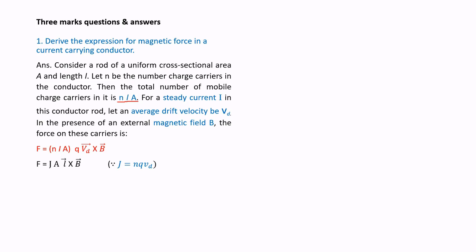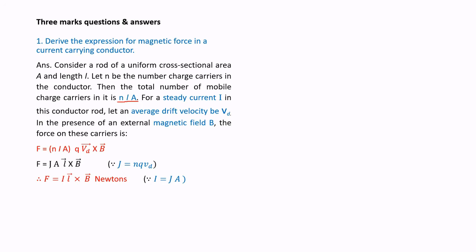Therefore, this becomes, put nq Vd equals J into A into L cross B. Therefore, force becomes I, current I, into L cross B, because I is equal to J into A. We have studied in the first chapter about the current density.